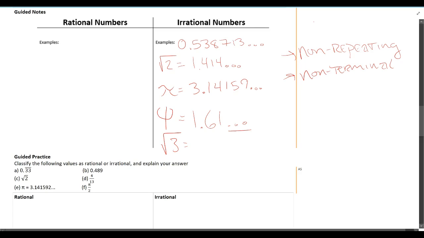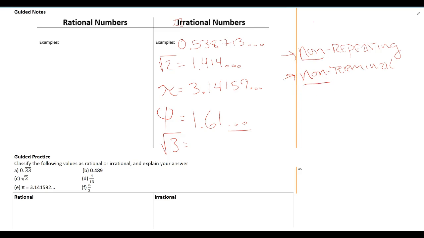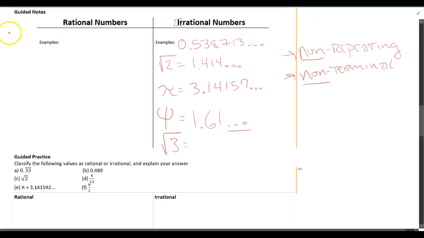So, based on that, let's try to come up with some things that are rational numbers. Well, if irrational means that they're non-repeating, non-terminal, then rational numbers would logically be either terminal, meaning they end, or repetitive, meaning they continually repeat.